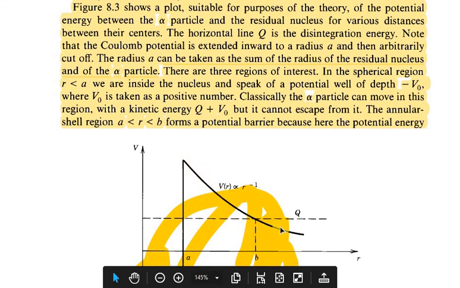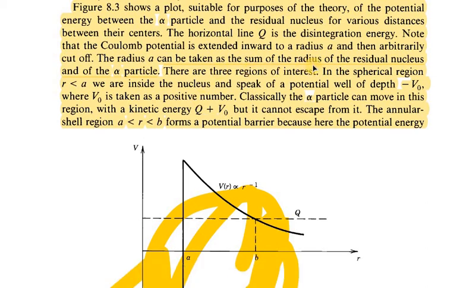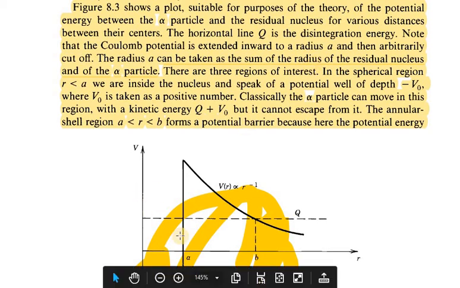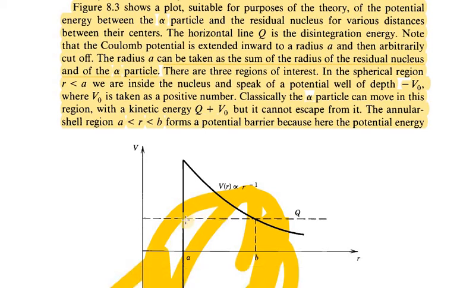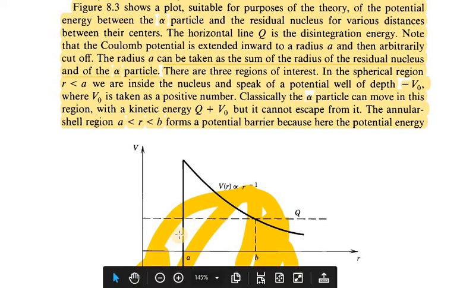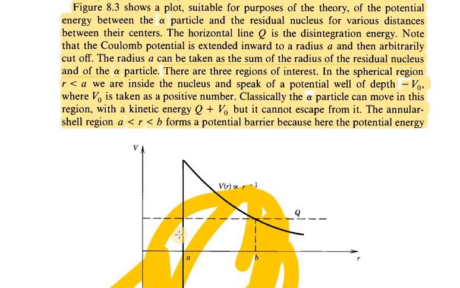The radius A can be taken as the sum of the radius of the residual nucleus and of the alpha particle. That means this is the size of the parent nucleus, and it is the sum of the radius of the residual nucleus plus the radius of the alpha particle.